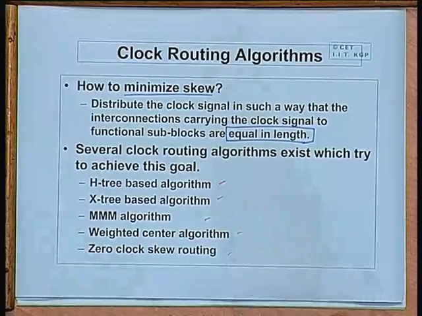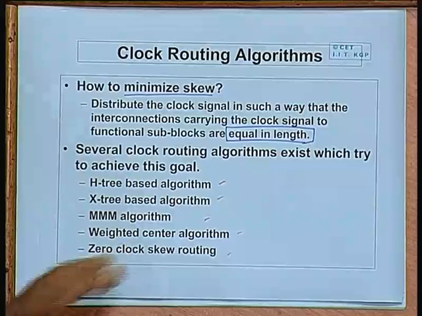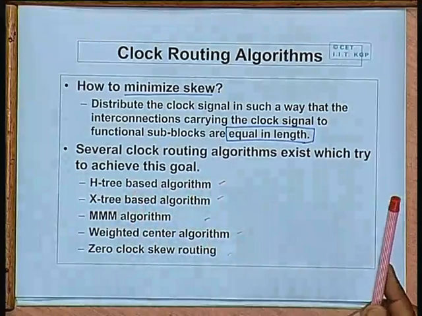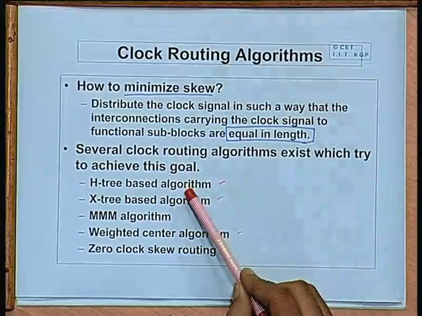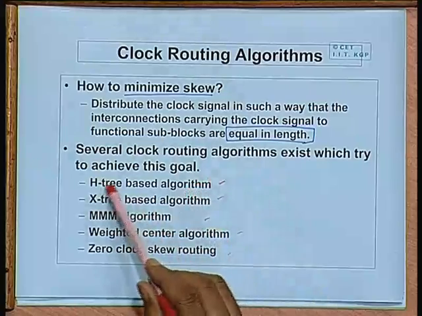These are some of the methods which have been proposed. Now, this H tree based algorithm is very interesting and you can say this is a way in which you can lay out the clock net in a very regular way. See, first we will show how the clock net is distributed. The buffers we can introduce later.